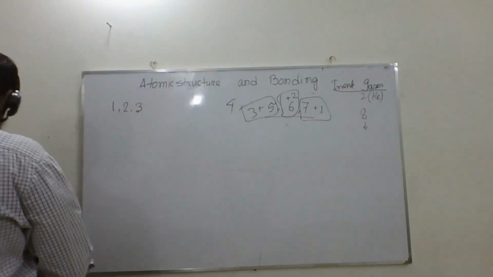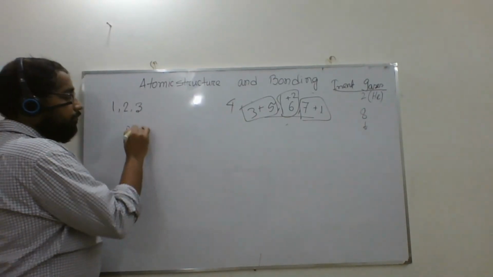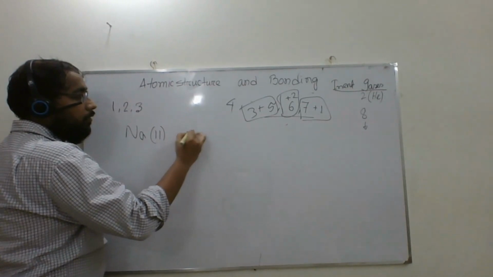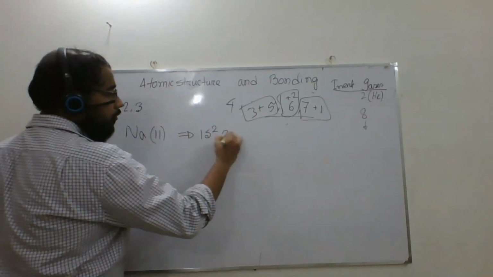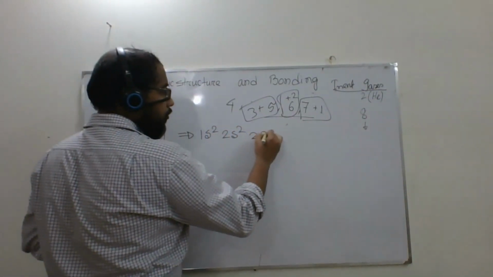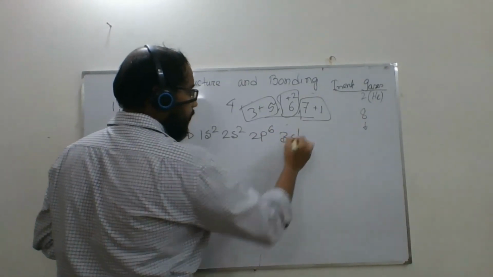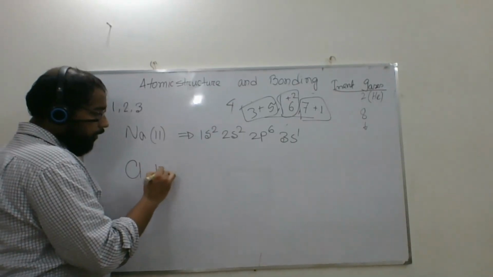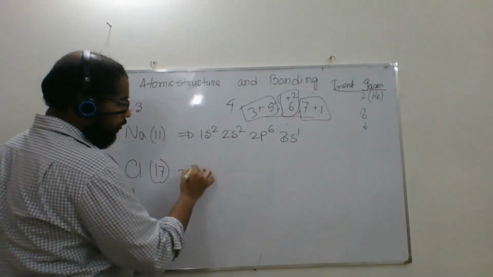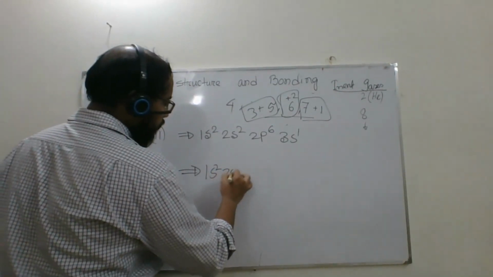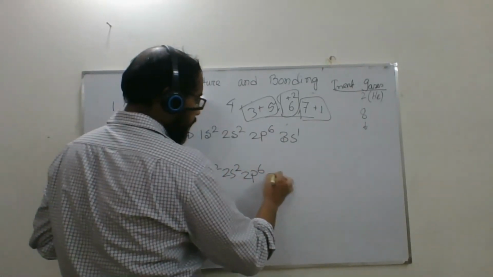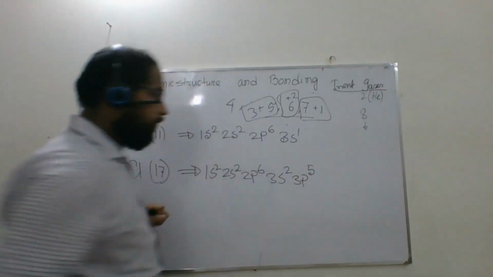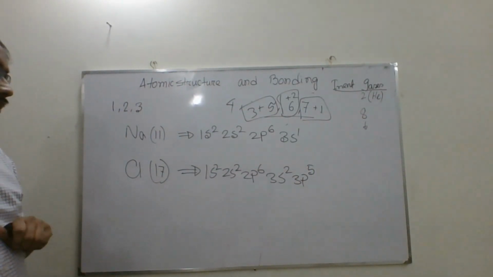Sodium has 11 electrons: 1s2, 2s2, 2p6, 3s1. And chlorine has 1s2, 2s2, 2p6, 3s2, 3p5, 17 electrons.